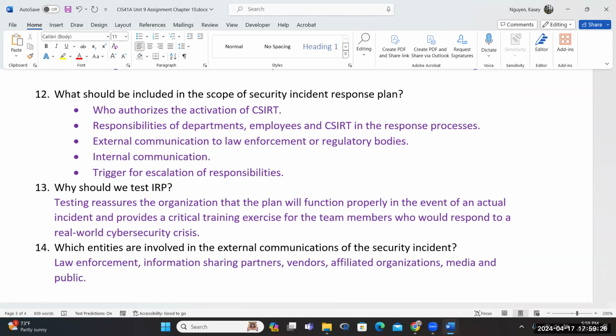So the entities that are involved in external communication when there is a security incident likely will be law enforcement, your partners. So it could be companies joining another company as partners. So the partners in the organization, vendors, people you're buying products from, especially when you're looking at retail, like department store based, like Walmart, they would have many different vendors.